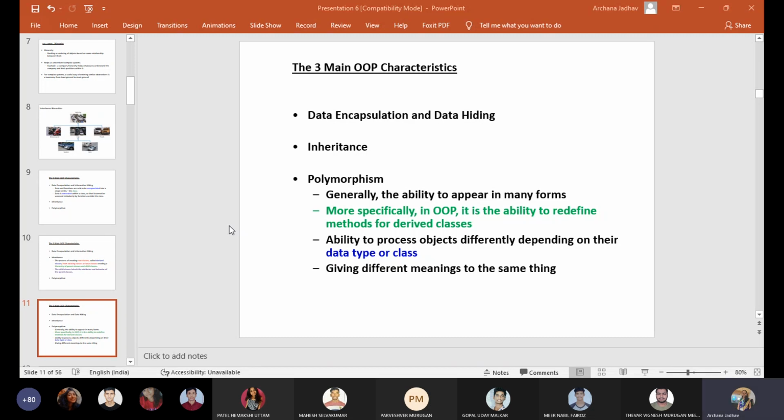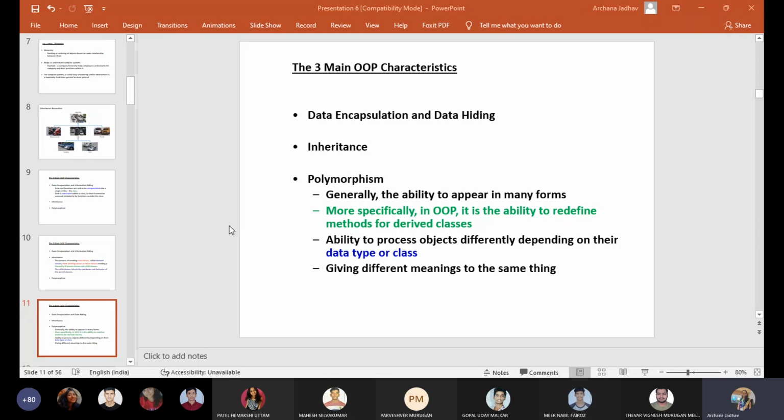You use the plus sign in your program normally to perform addition of two numbers, but this plus sign can also be used to perform the concatenation of two different strings. So that means I have only one single object, that is the plus sign, but I am using it in two different forms. One where I am doing the addition and the other where I am doing the concatenation. So that is what is called polymorphism.